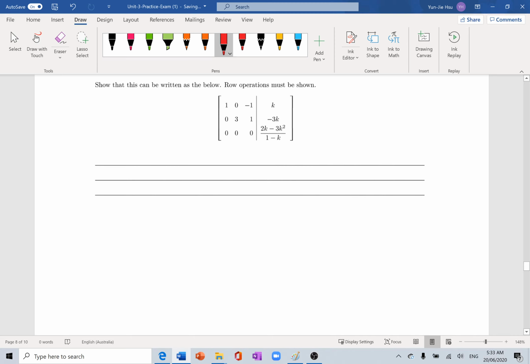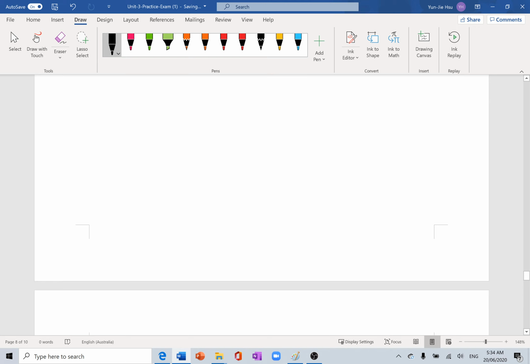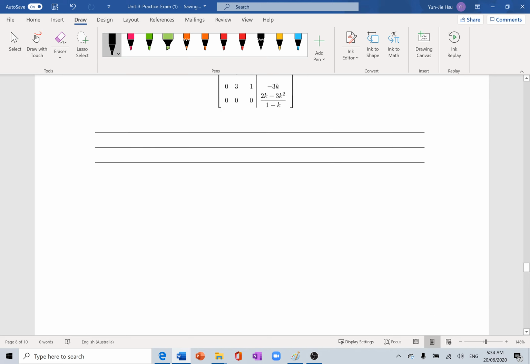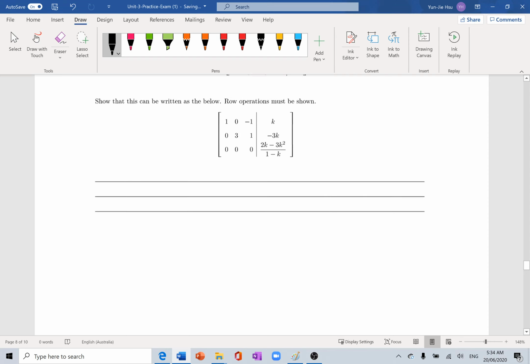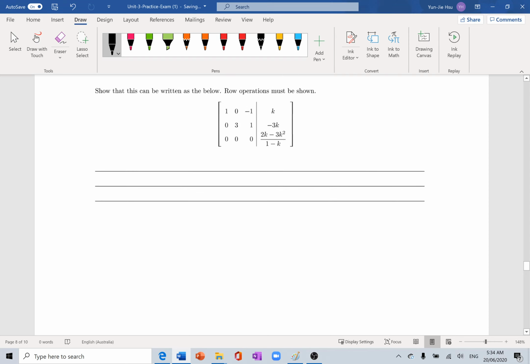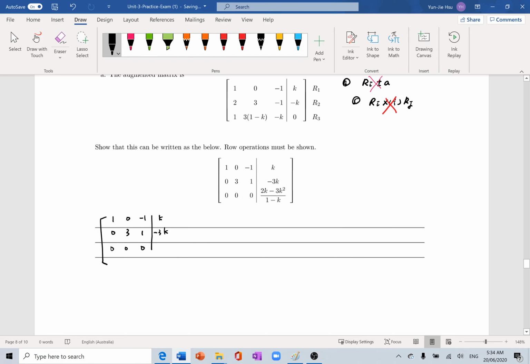Now, I try to show this one. My method, I think, will be a little different from the textbook, but the same concept. You can reference 1, 0, negative 1, k, negative k. Oh, original one should be 1.